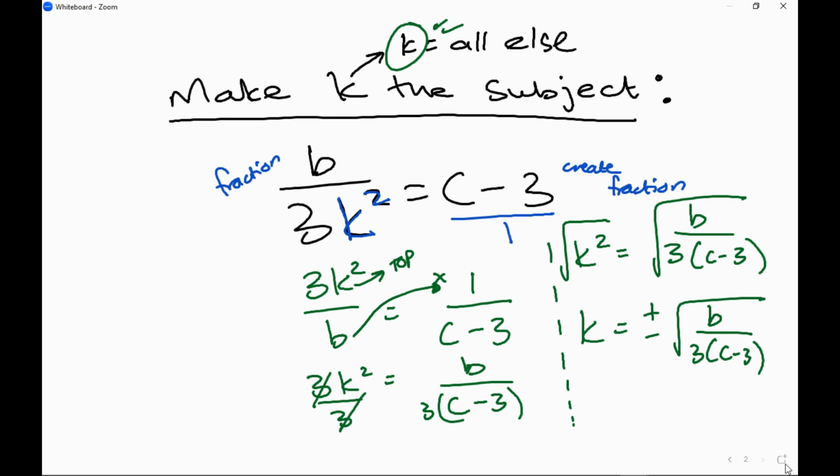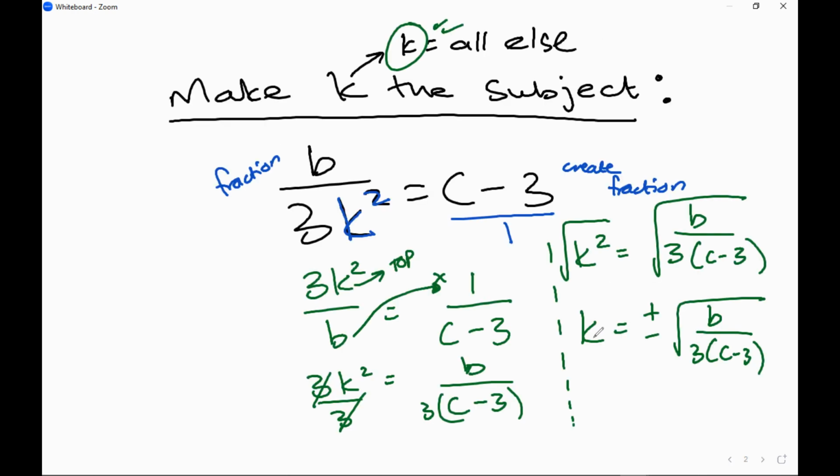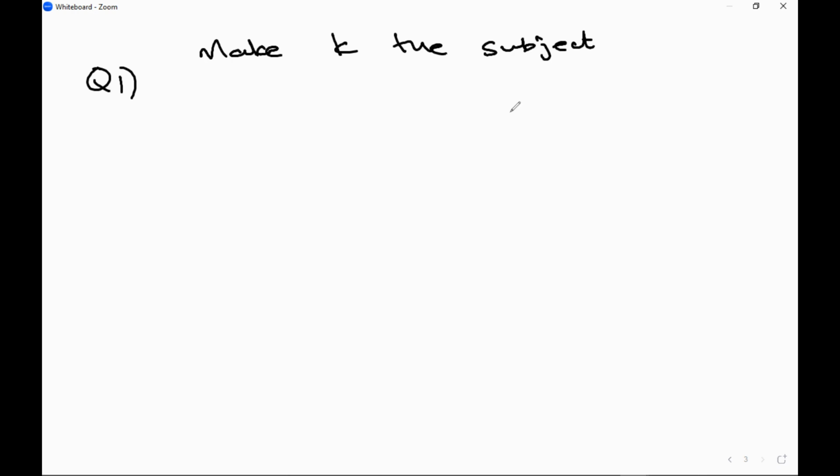Now let's see if we can try and make k the subject of the formula, but what we're going to do is start slow. So question 1, what you want to do for all of these questions is make k the subject. Just like I did, bring k alone and bring everything else on the other side, using all the rules of equations very, very carefully. So if I've got, let's say, 3k equals t.